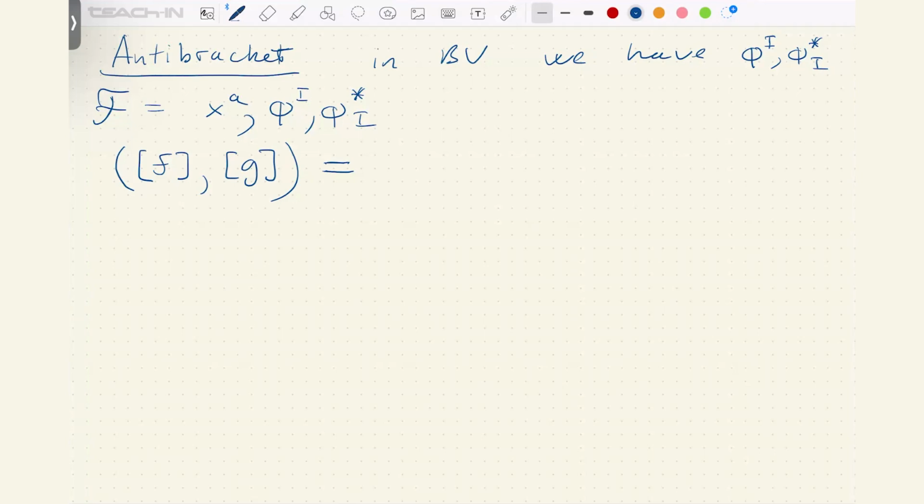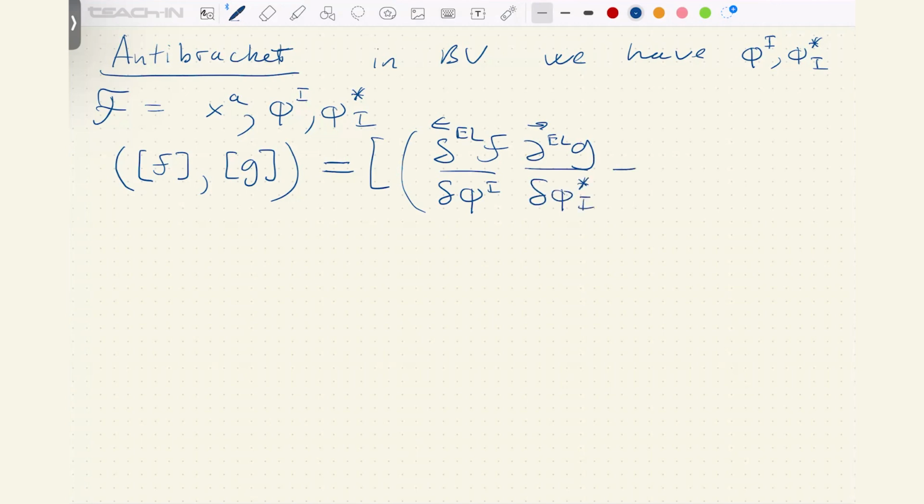For instance, we can define it as the equivalence class of the Euler-Lagrange derivative of f over d phi I, times the Euler-Lagrange derivative of g over d phi star I, minus the other way around, and then taking the equivalence class.